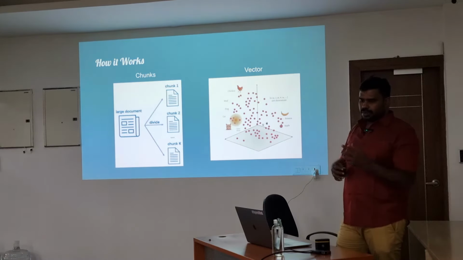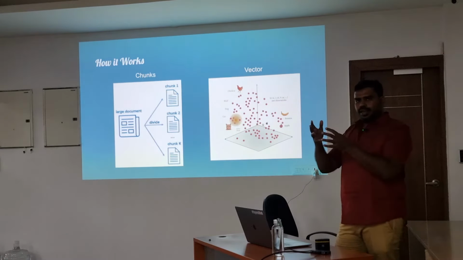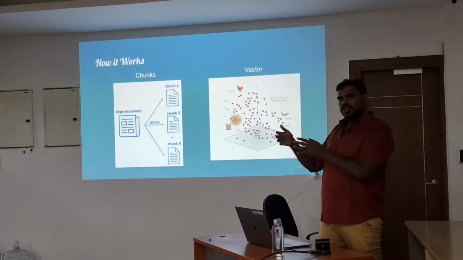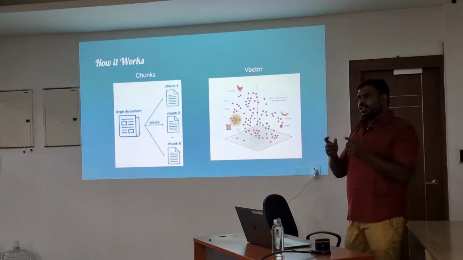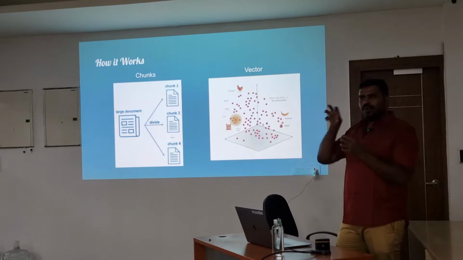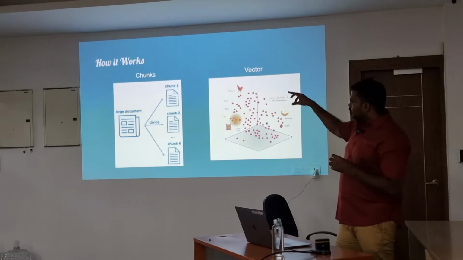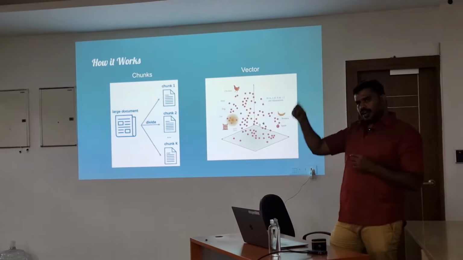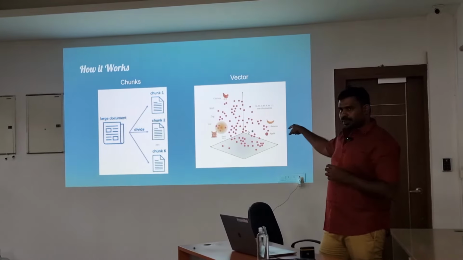There is a famous example: king minus male plus woman equals queen. So you can do mathematical and arithmetic operations on words using vectors. So we will chunk the large document into small pieces, convert them into vectors and store them in the vector database.